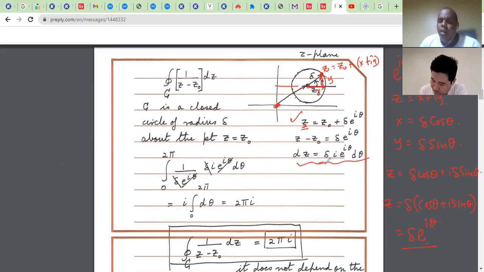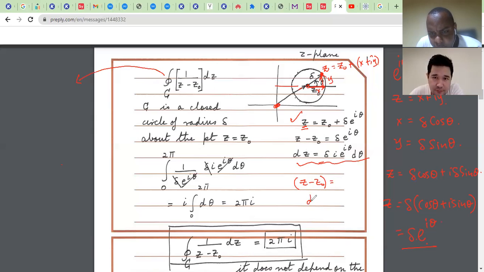So we have transformed it. Why does it go down? I understand that dz is the operation on z minus z naught. Yes, if you differentiate z minus z naught, you get dz, and the z naught becomes 0.